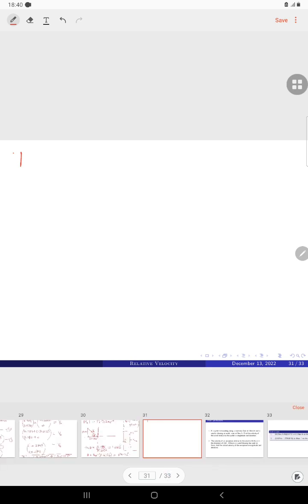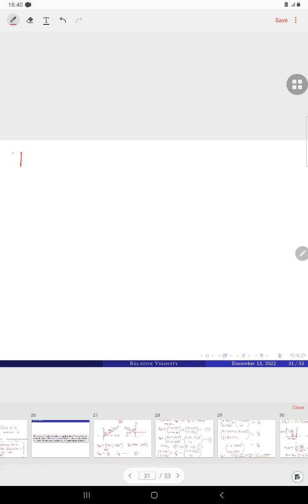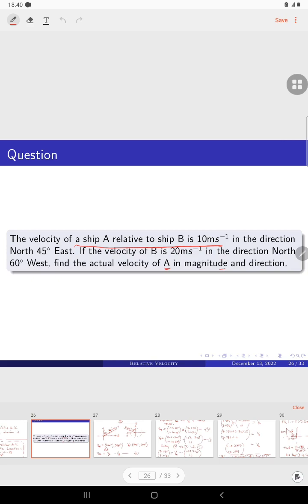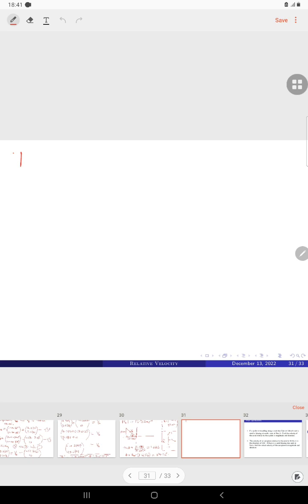So how do we conclude? Go to the question. The question will guide us to conclude. Find the actual velocity of A in magnitude and direction. So I will say that the magnitude of A is 19.912 meters per second.